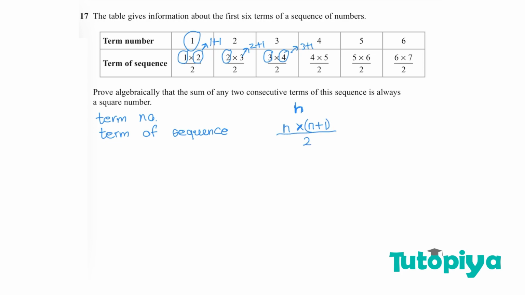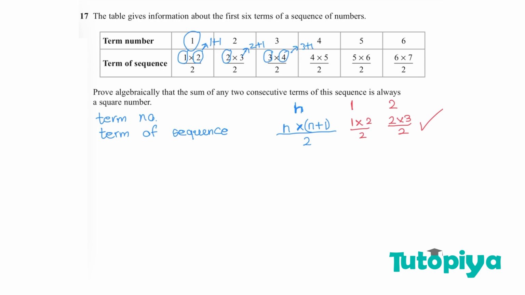We can of course check whether this works for our cases above. When it is 1, we have 1 times (1 plus 1), which is 2 over 2. Or when it is 2, we have 2 times (2 plus 1), which is 6 over 2. So this basically works for all the cases. This is our general formula that we are going to progress with.